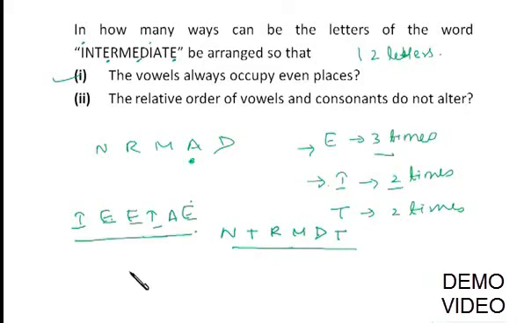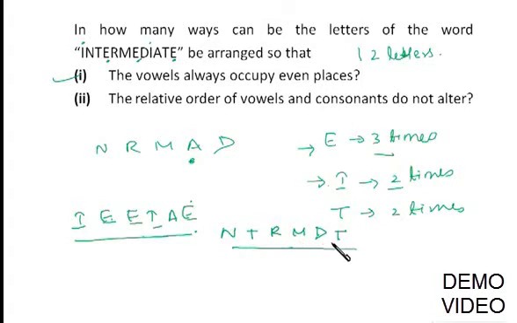Now the important point over here is that we have to make the arrangement, but the order of vowels and consonants should not change. That means the vowels should appear in this manner only. Maybe the consonants are there in between, but the relative order should not be changed. That means E should always come after I, and this I should always come after E, and then A. So first of all, let me arrange the 6 consonants.